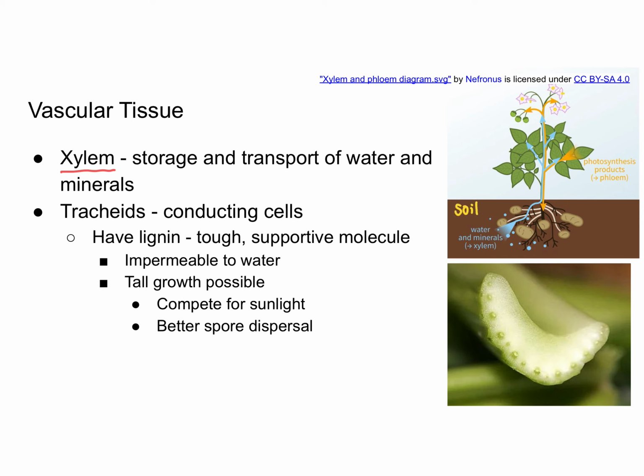And the xylem are able to take up that water and minerals through the roots and transport those nutrients to other parts of the plant, including the leaves and the stem, flowers, etc., so they can have access to that water and nutrients needed for performing their own functions.